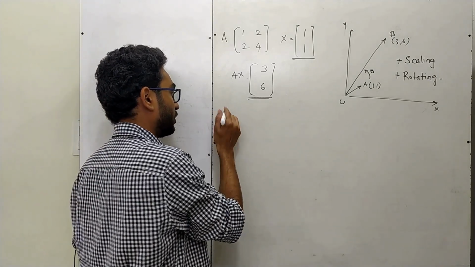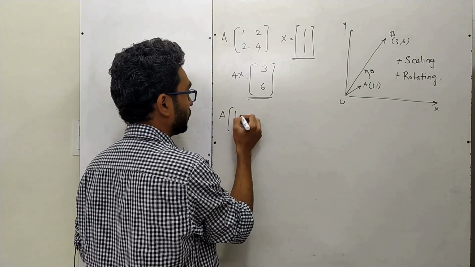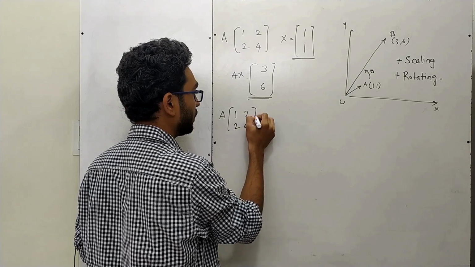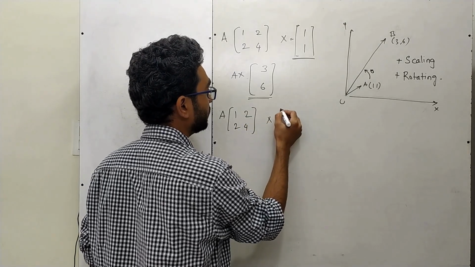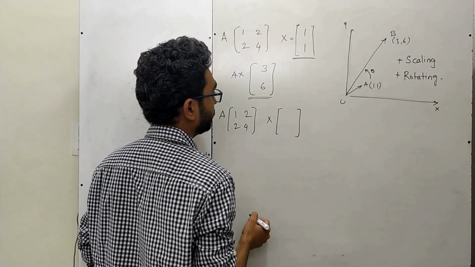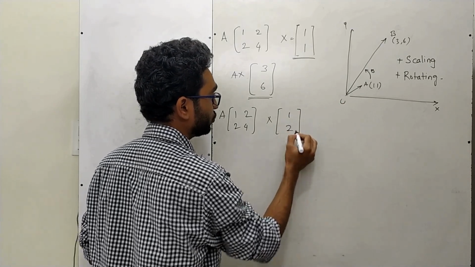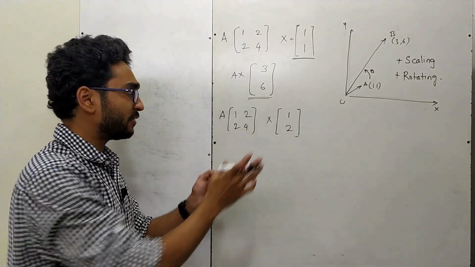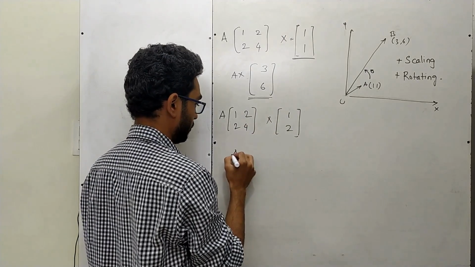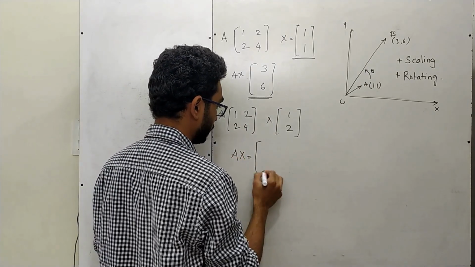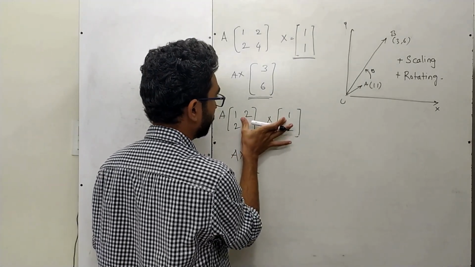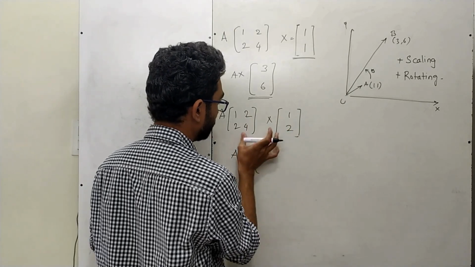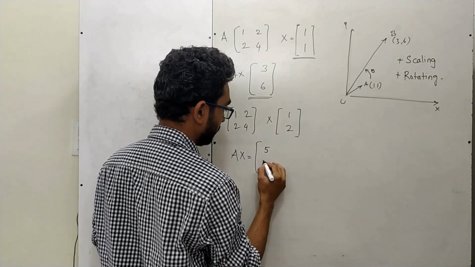Now I will take the same matrix A, that is 1, 2, 2, 4, but I will take a different vector here, say 1, 2. Again I will do the same thing. AX is equal to 1 plus 4, that is 5, and 2 plus 8, that is 10.